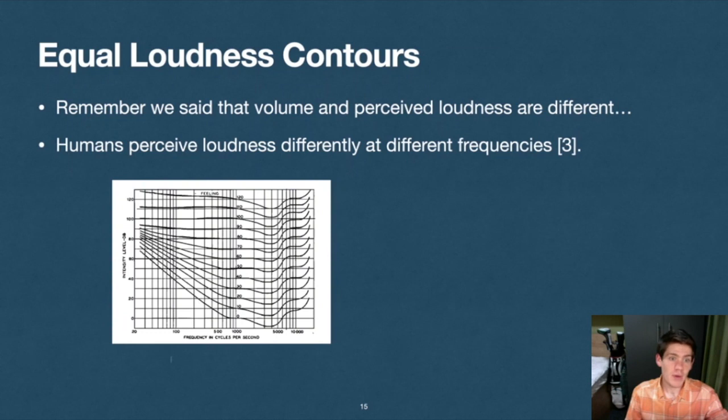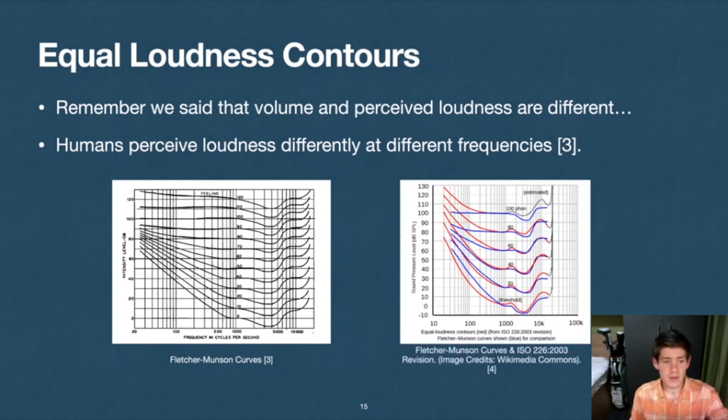Remember we said that volume and perceived loudness are different, and that's because humans perceive loudness differently at different frequencies. You can see here from these figures that for frequencies below 1,000 hertz, it's essentially harder and harder for us to hear those frequencies the lower they get.